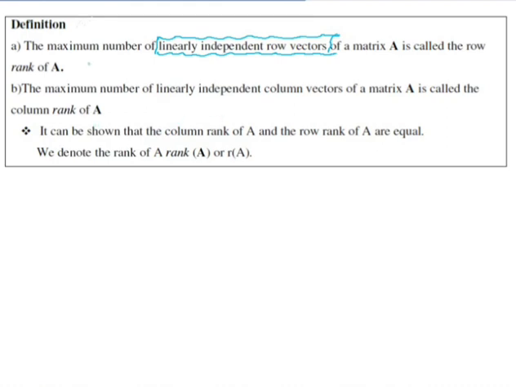Or we can also define the rank of a matrix as the maximum number of linearly independent column vectors. Okay? So what can we use? We can either find the maximum number of linearly independent row vectors or use the maximum number of linearly independent column vectors.